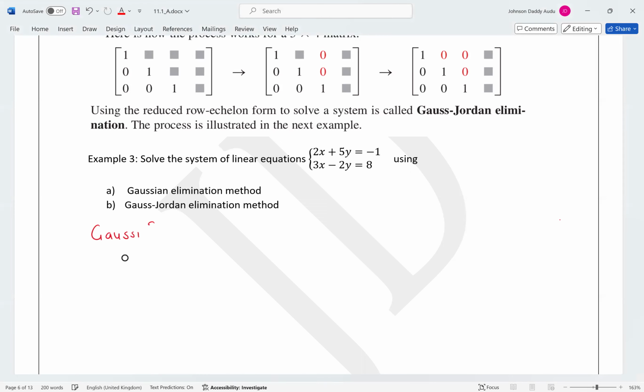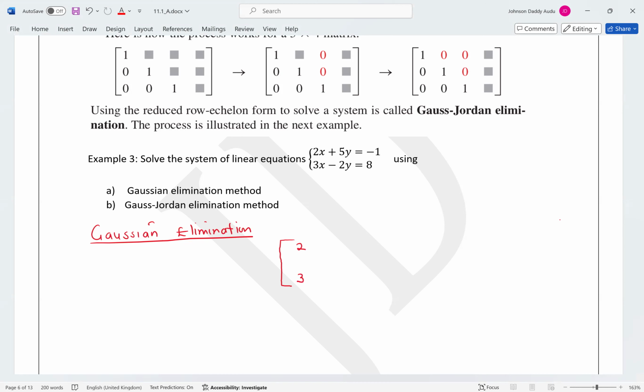To use Gaussian elimination, you would transform this system into this matrix. This is just 2, 3.